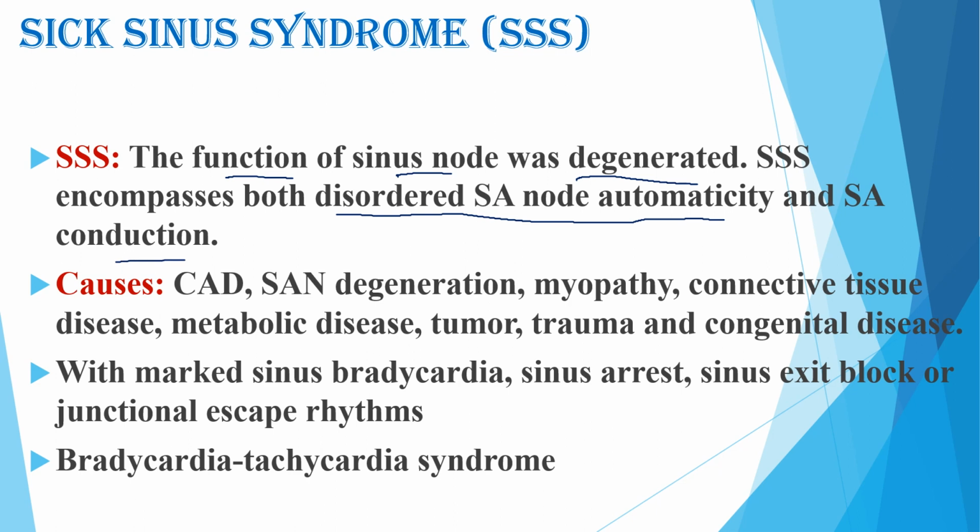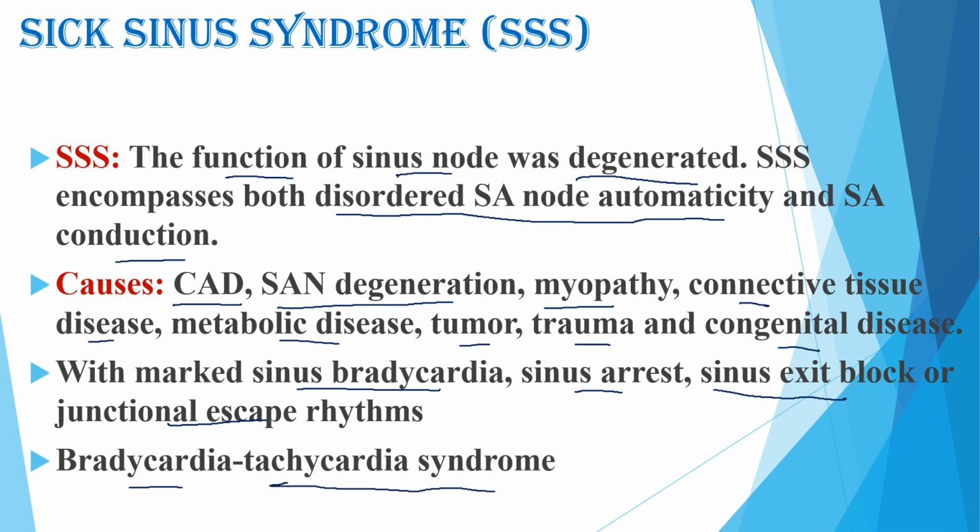The causes are coronary artery disease, SA node degeneration, myopathy, connective tissue disease, metabolic disease, tumor, trauma, and congenital diseases, with marked sinus bradycardia, sinus arrest, sinus exit block or junctional escape rhythms. It is also known as bradycardia-tachycardia syndrome. So these are the main causes that lead to sick sinus syndrome.